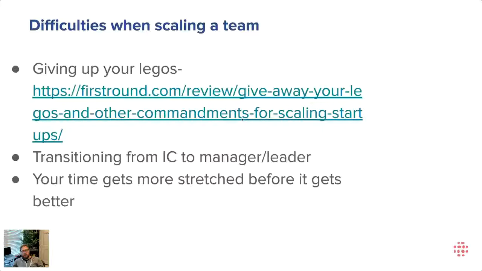And they're not going to be taking a ton off your plate just yet because you're going to be investing in them. You are going to be spending time with them, cross-training them, showing them processes, getting them acquainted with people. And so it gets worse before it gets better. A new hire will actually take out more of your time for a decent amount of time before they actually start giving back and saving you time.